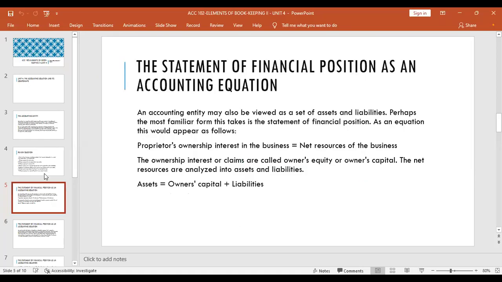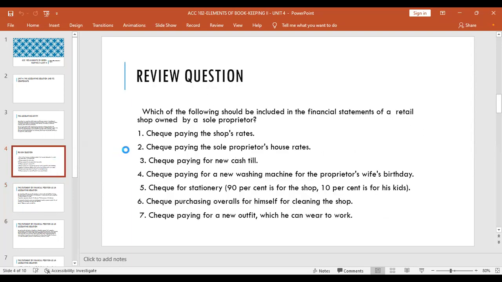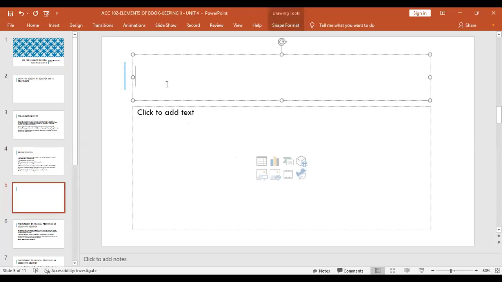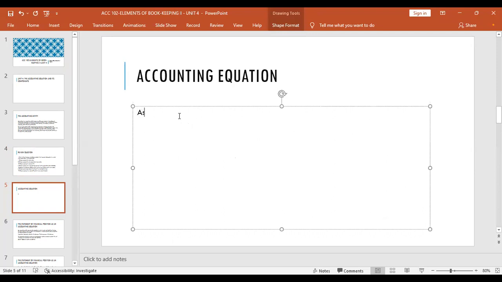So this is what I am saying. For better clarity, we're talking about the accounting equation. Very simple. Here we have assets, what they have.